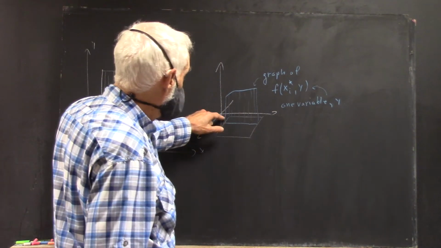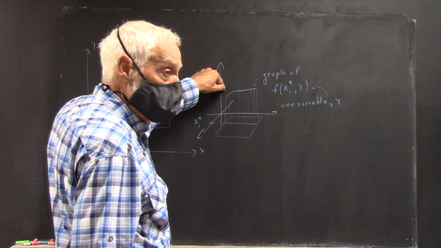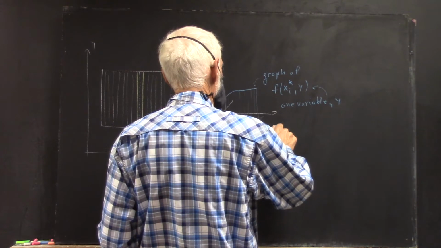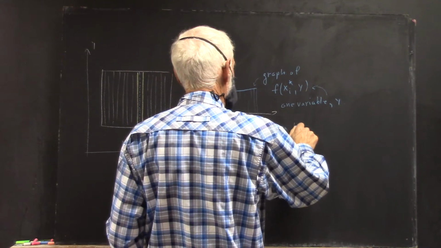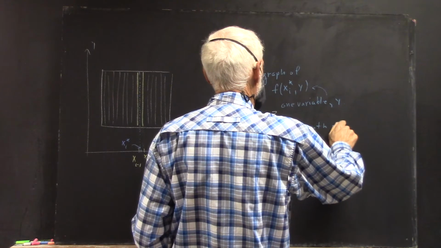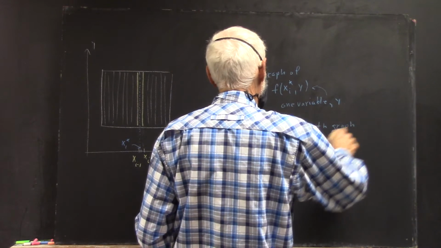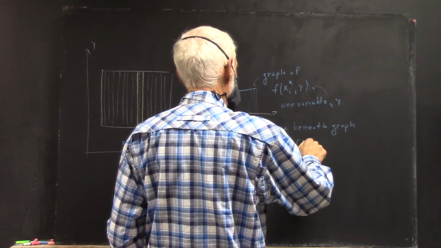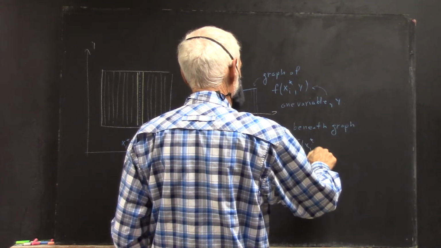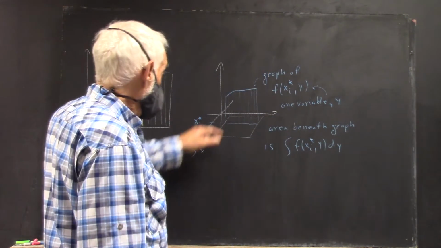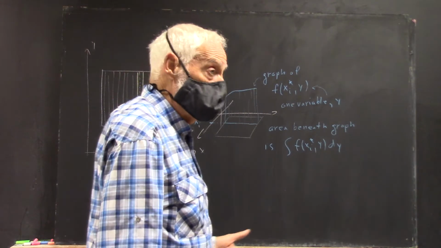So, what's the area underneath the graph? You just integrate with respect to the variable y.